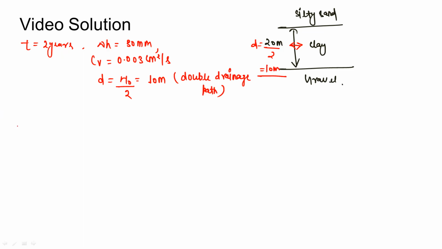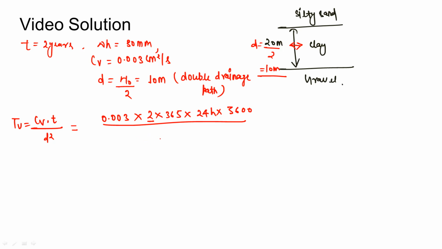Now if we use the first formula, Tv equal to Cv × t / D², we can calculate the time factor for 2 years. Cv is 0.003, t is 2 years, so we will convert it into days and then into seconds. In 1 year there are 365 days, so in 2 years it will be 2 × 365 days × 24 hours × 3600 seconds.